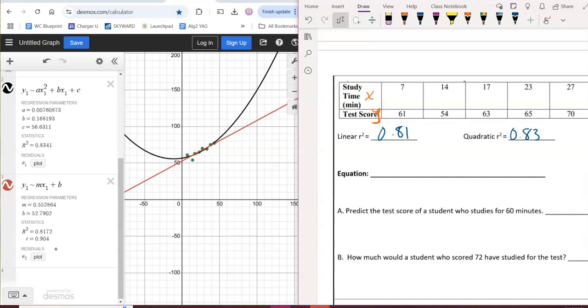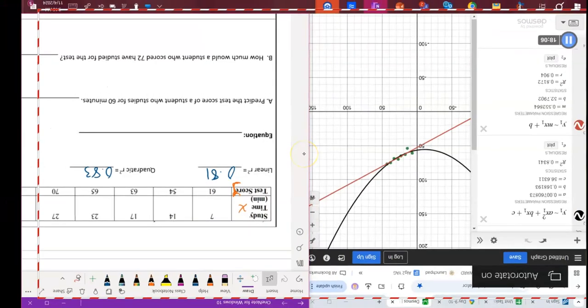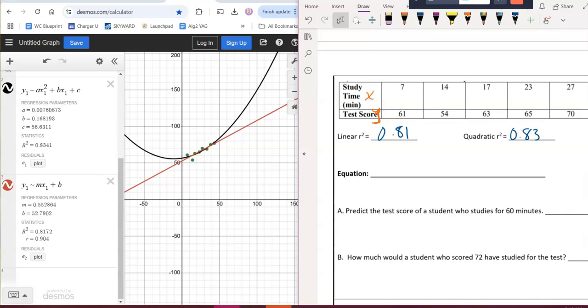Now for the equation, we need to look at the A, B, and C for the quadratic, and then the M and B for the linear. So here, okay, so I'm gonna write the quadratic one on top. So using that formula, we have ax squared.